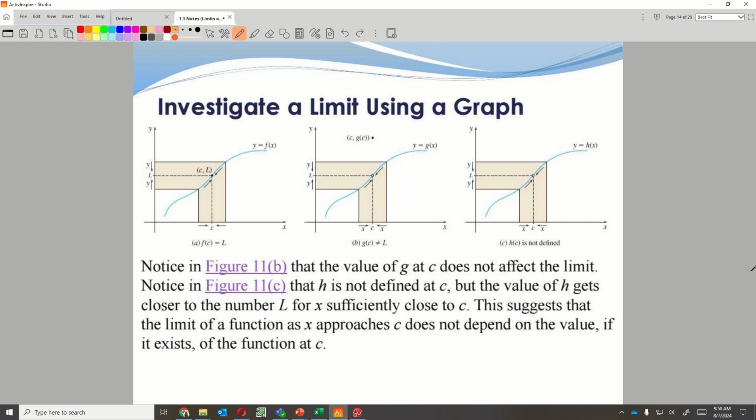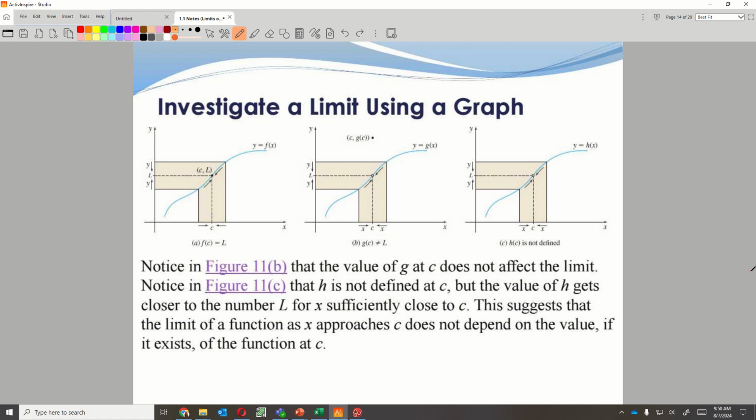Now, if you look at the second one, what's different about the second one? Slightly different. It's kind of hard to see on the thing. That's why I wanted to turn off the lights on this one. The limit exists and the function exists. If you notice, it's way up here. So, is my line continuous?